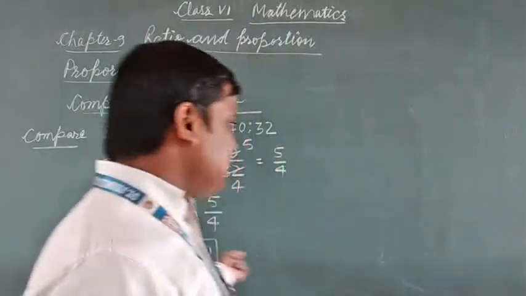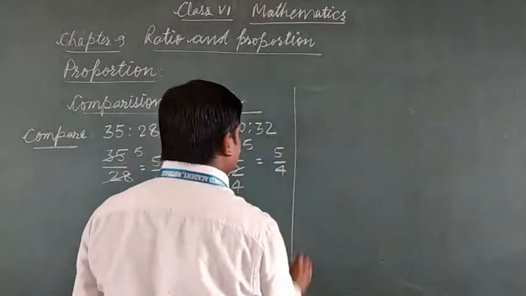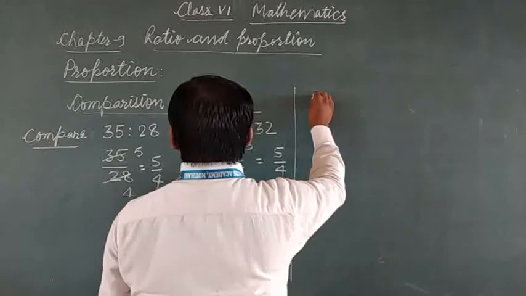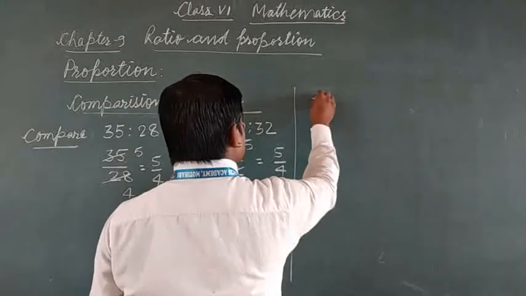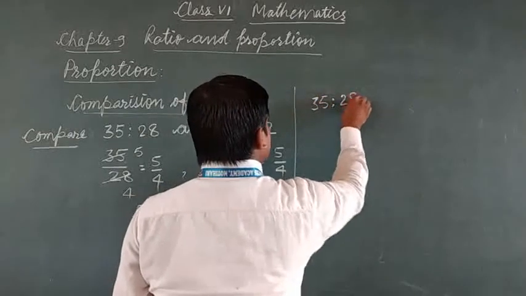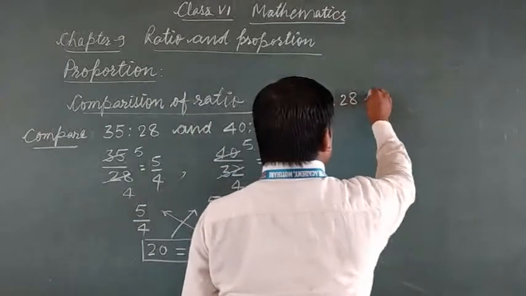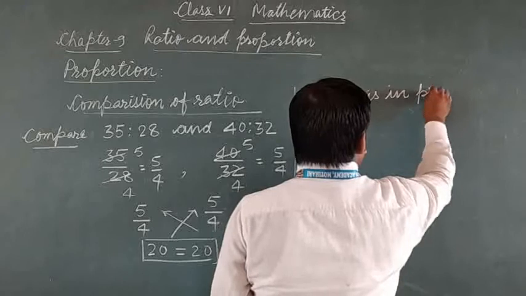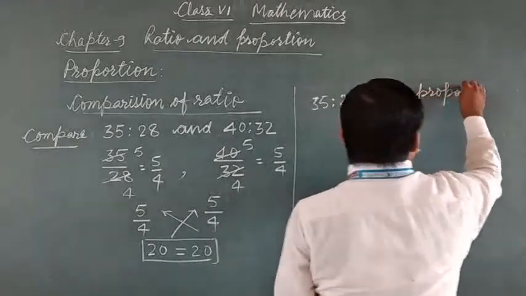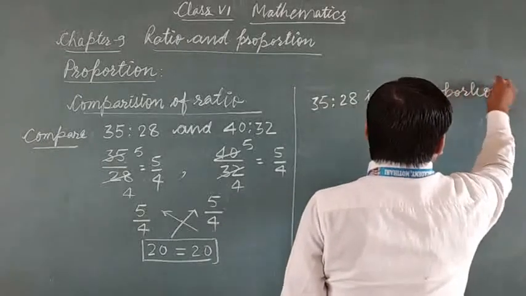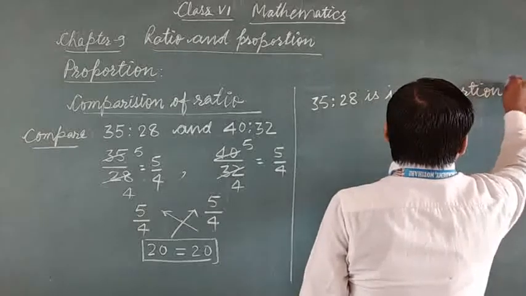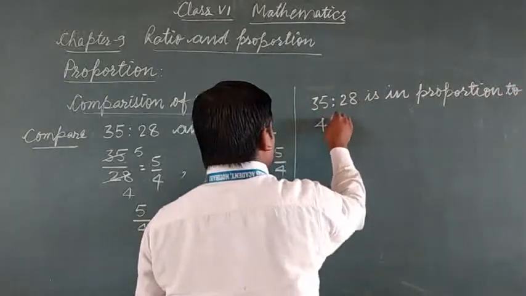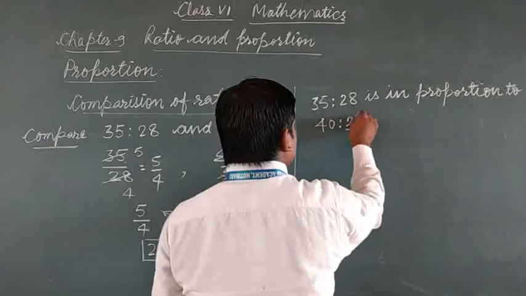Remember, in this case, we can write 35 is to 28 is in proportion to 40 is to 32.